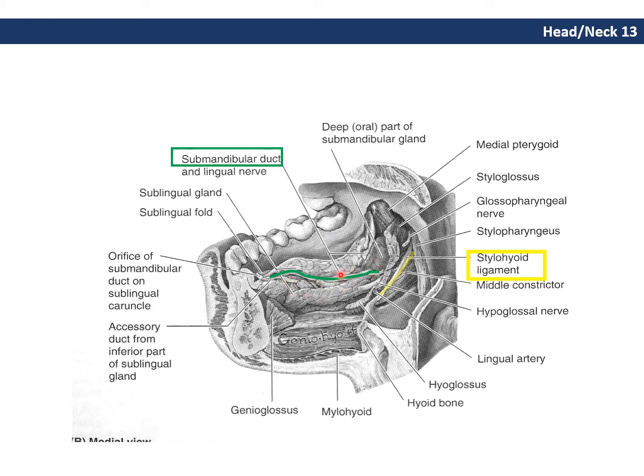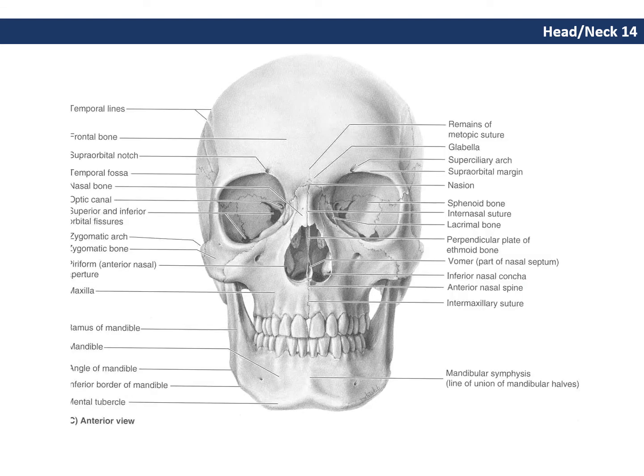So here's our submandibular duct. The lingual nerve is kind of dancing along with it. The submandibular ganglia will be found in the same area. And those parasympathetic fibers that innervate the sublingual gland and the submandibular gland came from the facial nerve, which we've already now talked about.